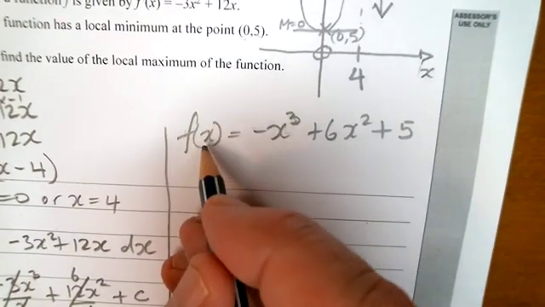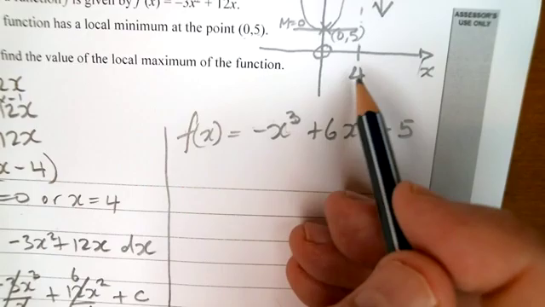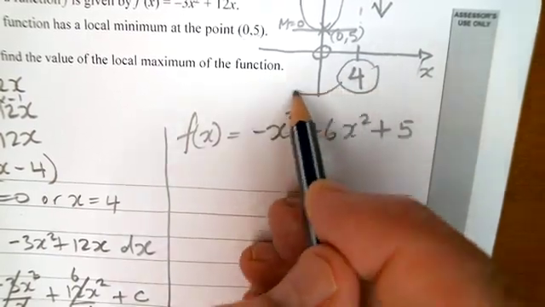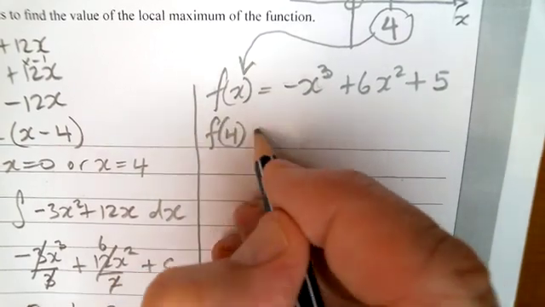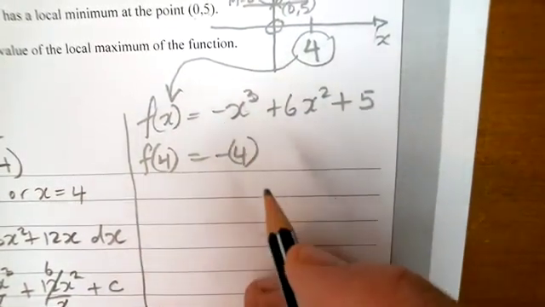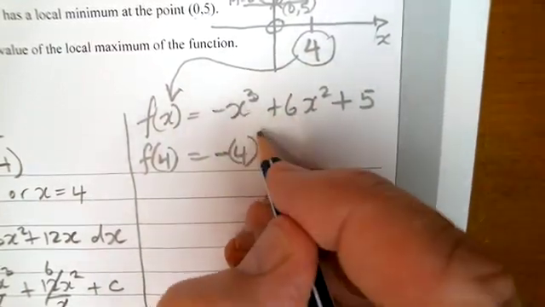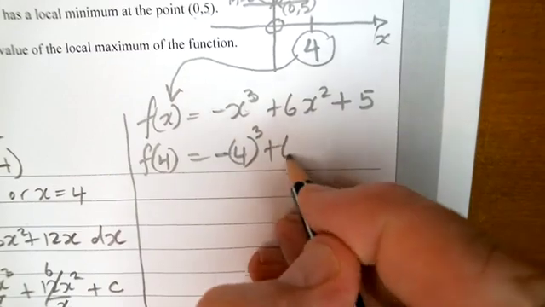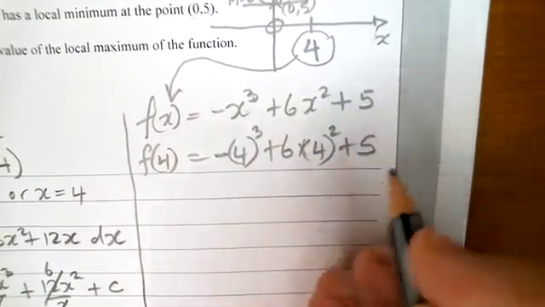Now we're going to make this f of 4. We know it's 4, so let's plonk the 4 into the value for x. So f of 4 is equal to negative 4. Oh, no, it's positive 4, but it's negative outside. And that's going to be cubed plus 6 times 4 in brackets, squared, plus 5.